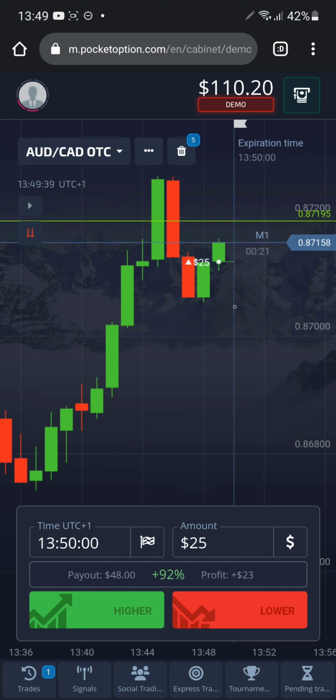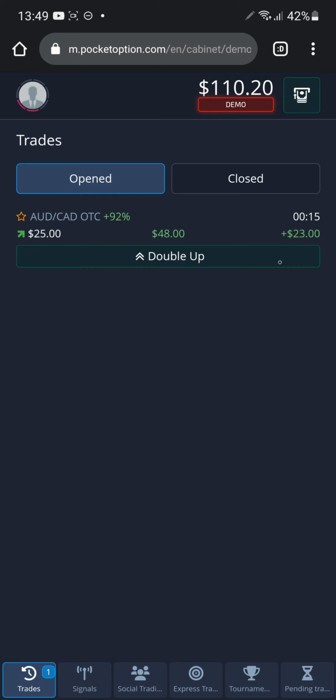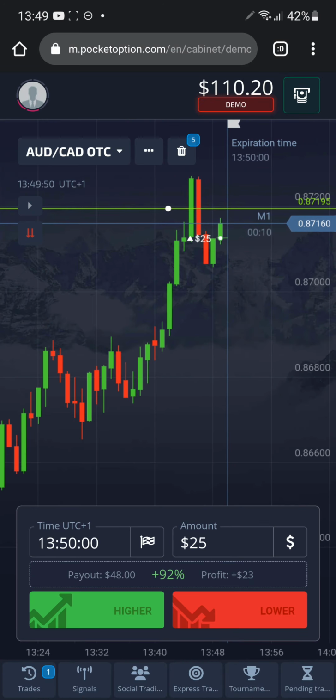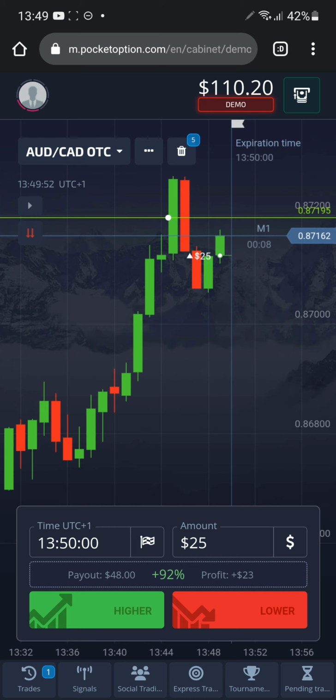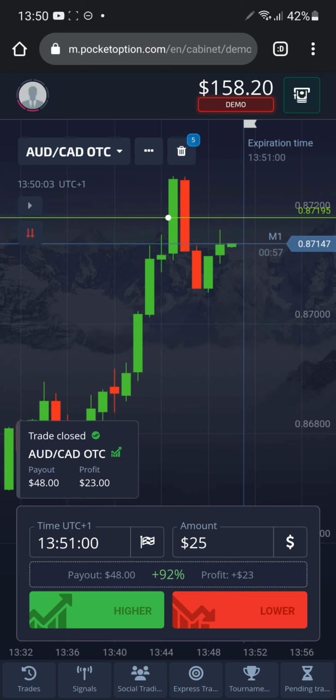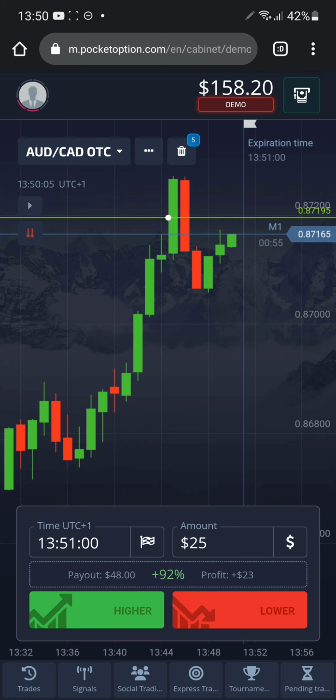Now if it goes below it, because you have chosen that the market should go up, and the trade closes, then you are in loss. You understand? Now our work is to make sure that you predict the market the correct way, and all the candlesticks, all the indicators, and every other thing shows you what's going to be happening in the market and how you can enter the market correctly.